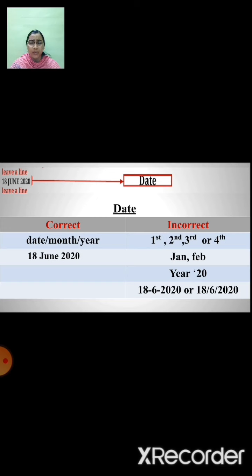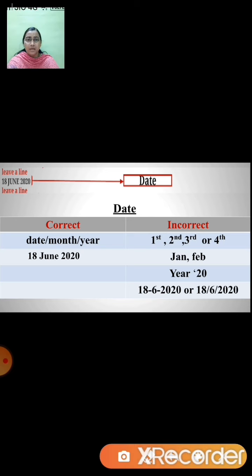Do not write the date with hyphen or slash. For example, 18-6-2020 is an incorrect method, or 18/6/2020 is again an incorrect method.